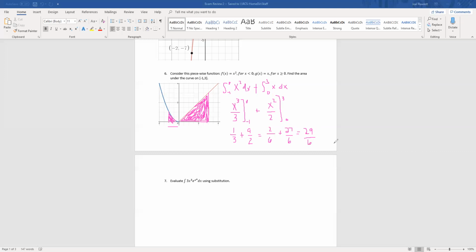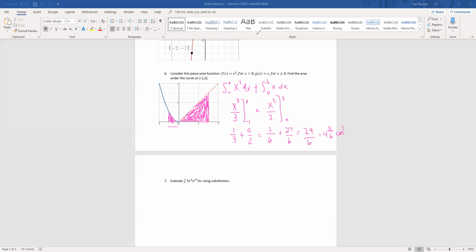Okay, so that's going to be about 4 2/3. No, I apologize. 6 goes into 29 4 times with 5 left over, so 4 5/6. Square units. Remember, area is always in square units.